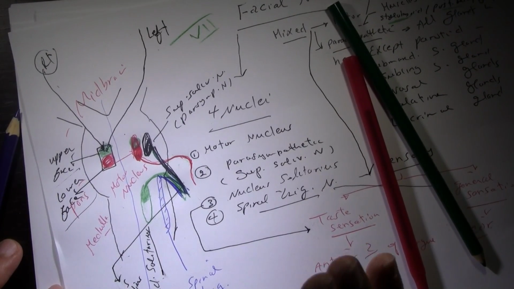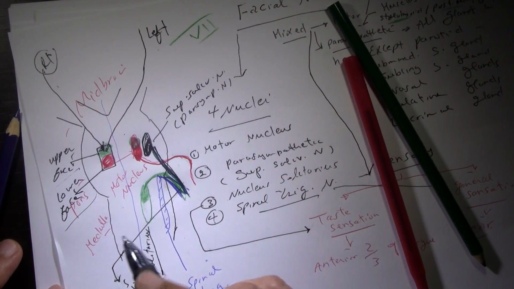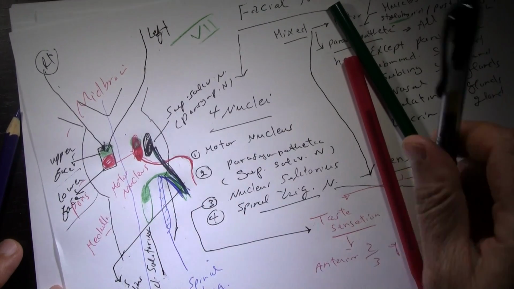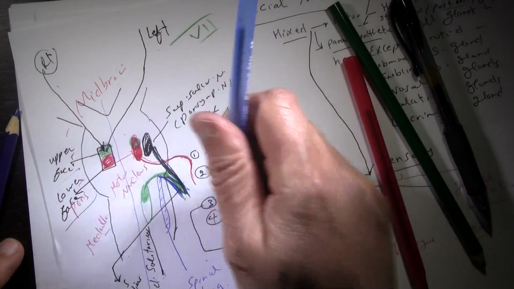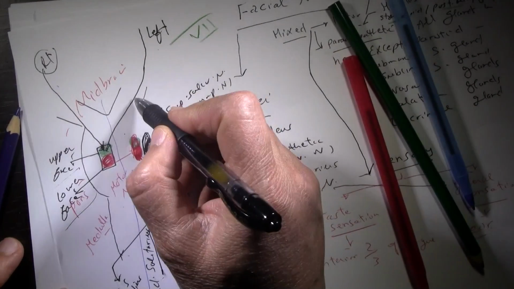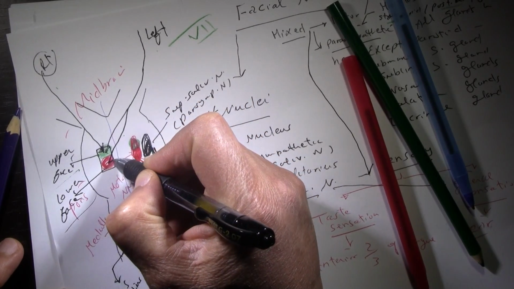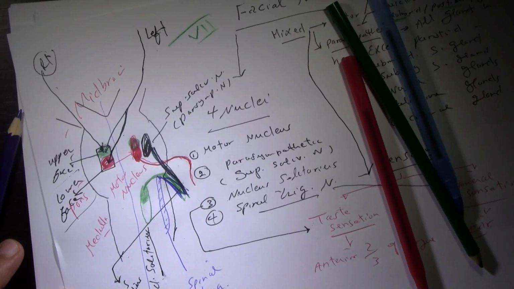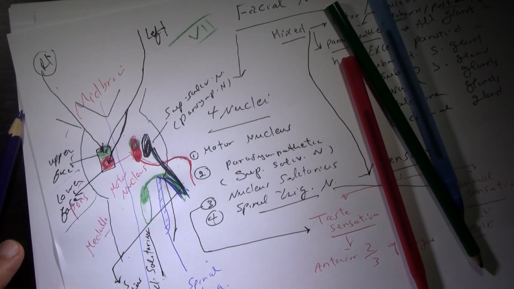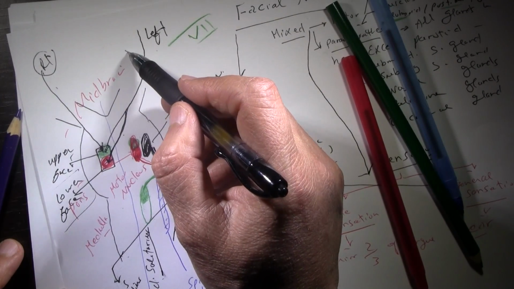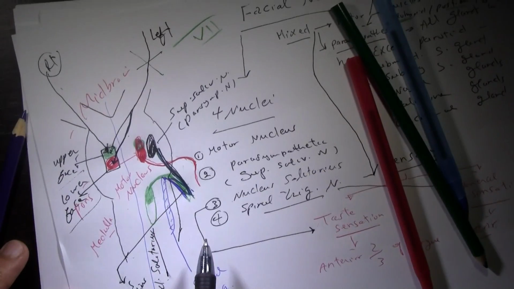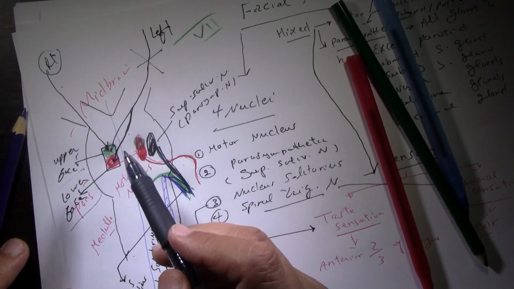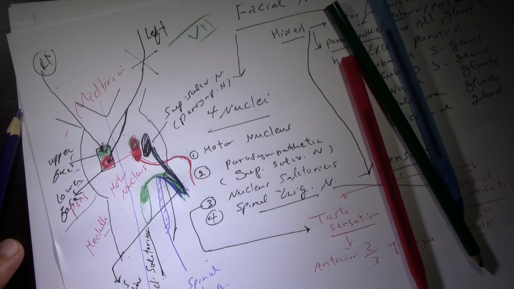Okay, basically, the lower half of the nucleus is controlled only by the opposite side of the brain. So now, if I ask you, if there is a problem in the left side, which part of the face is going to be affected?